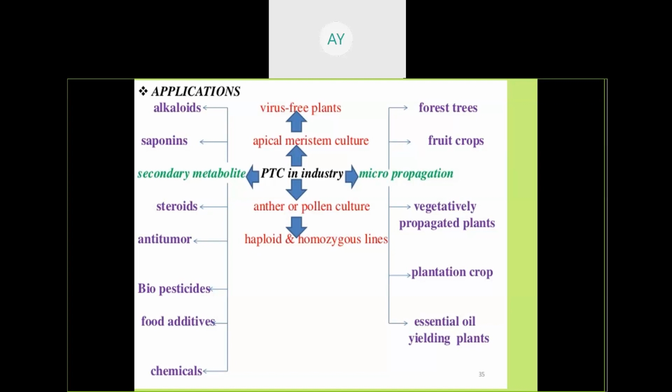It is a chemical secreted by the plant by itself, but the main objective for the production of secondary metabolites inside the plant is just to protect the plant from different types of germs.